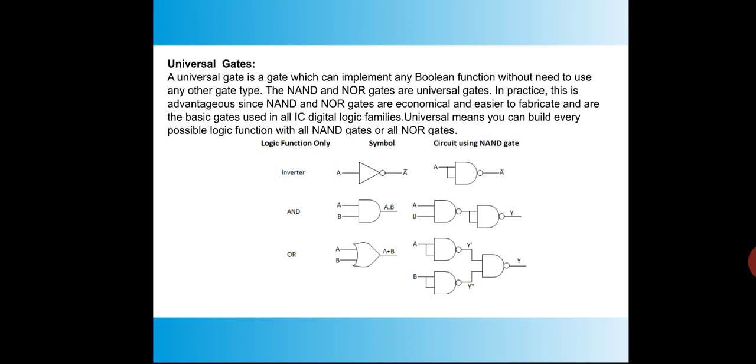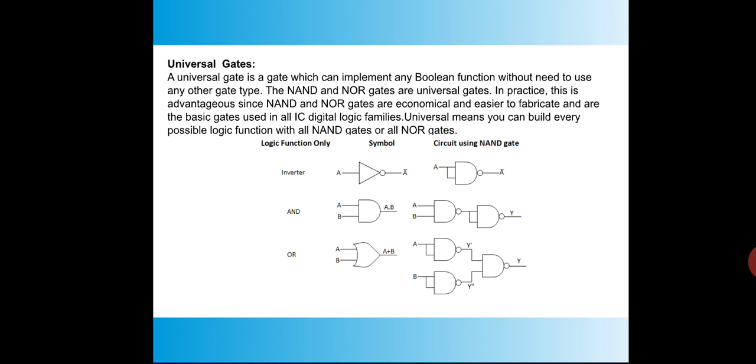So we can implement NAND and NOR, that is, NOT of AND and NOT of OR, the NAND gate and NOR gate, in almost all the digital logic families. Universal means you can build every possible logic function with all NAND gates or all NOR gates. That is the thing, you should remember this.